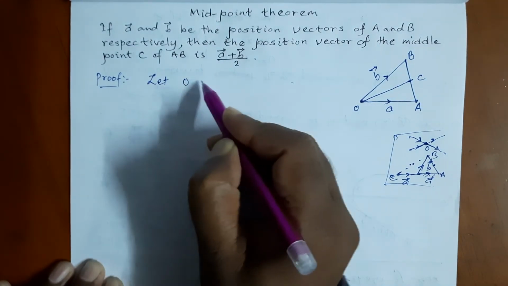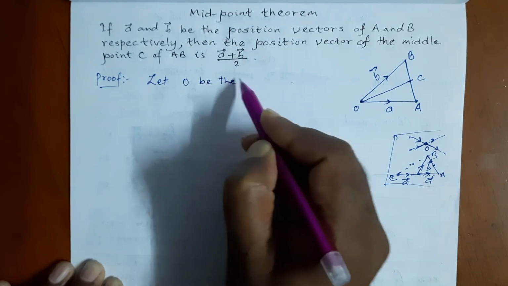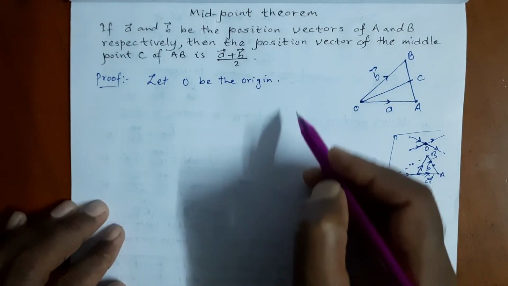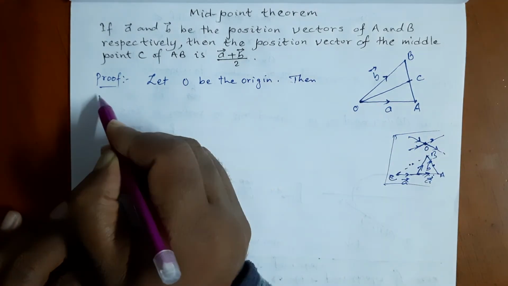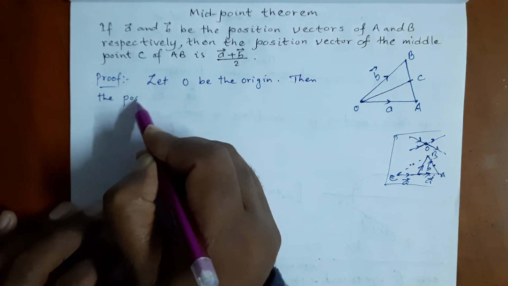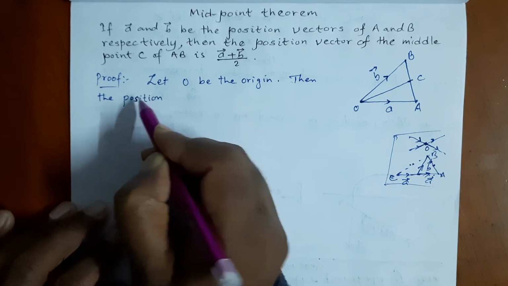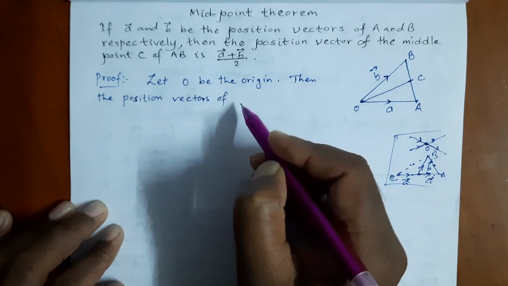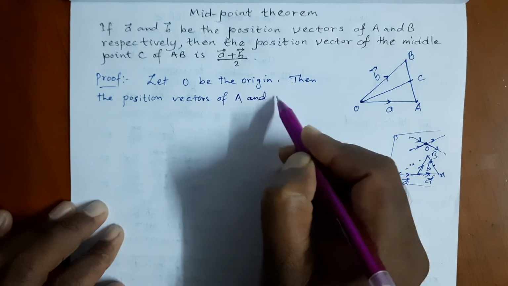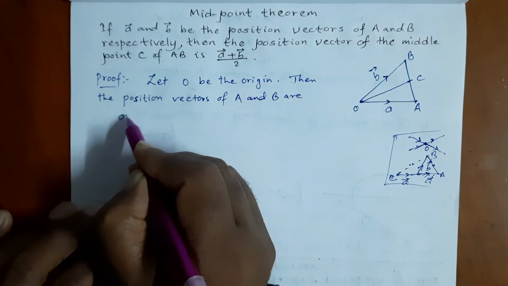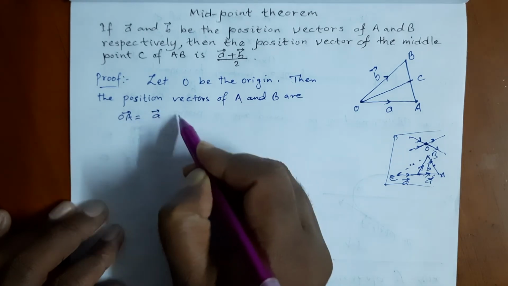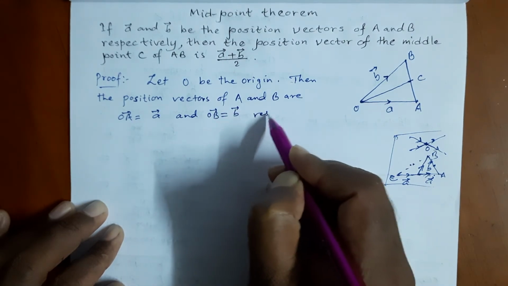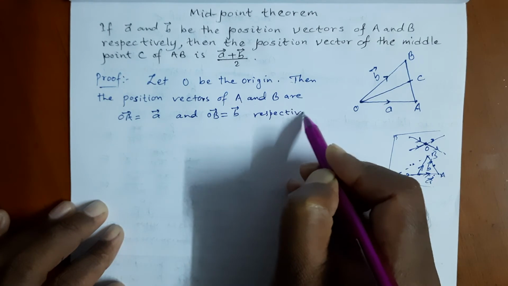Let O be the origin. Then the position vectors of A and B are vector OA equals vector A and vector OB equals vector B respectively.